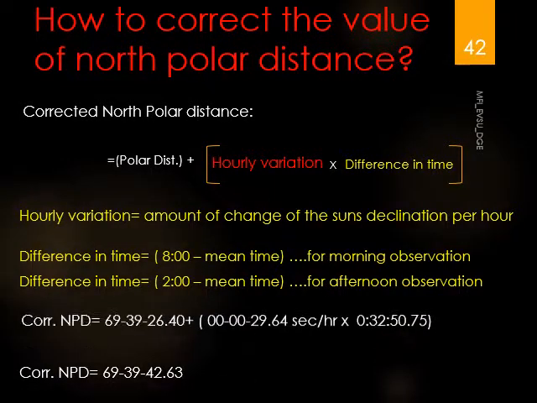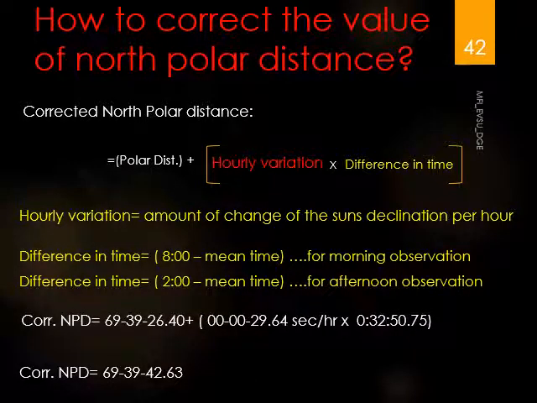for the afternoon observation. So, yung given natin na polar distance which is 69, 39, 26.40 plus yung ating hourly variation na 29.64 seconds per hour times yung ating difference in time which is 8 a.m. minus the mean time. So, yung answer is 32:50:75.